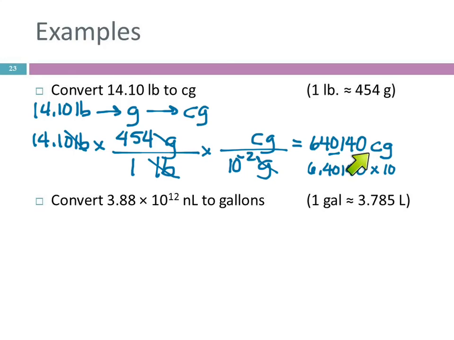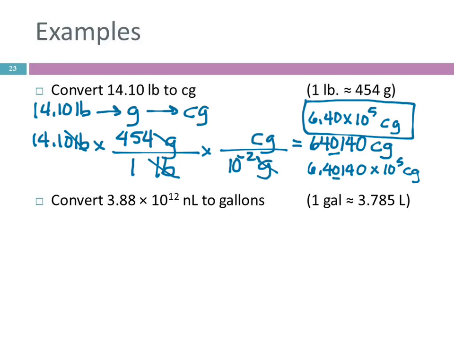The decimal point was here, 1, 2, 3, 4, 5 centigrams. And now if I round it off there, I don't have to worry about changing the value. 6.40 times 10 to the 5th centigrams. Any questions?